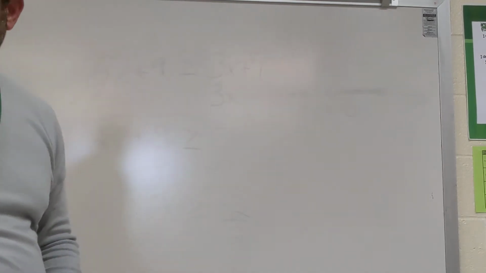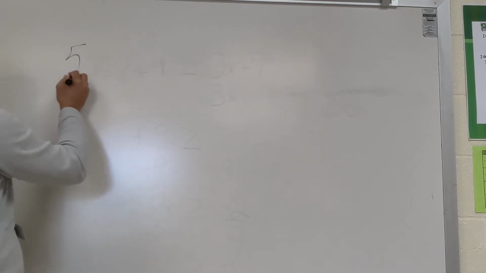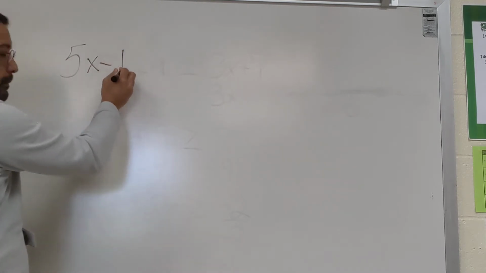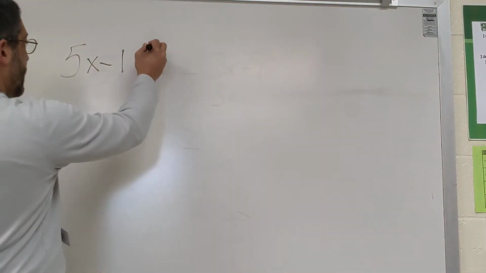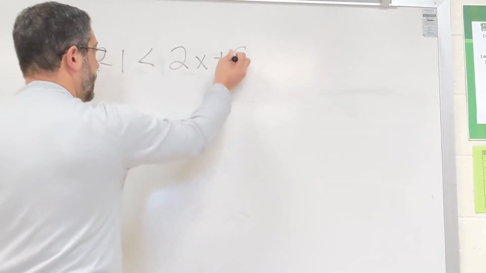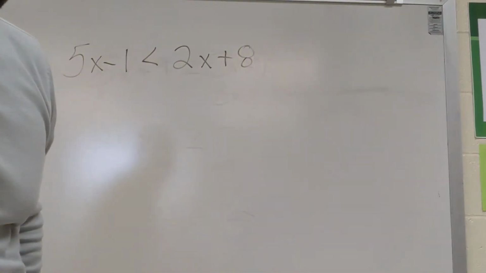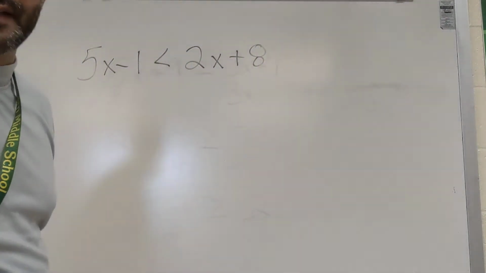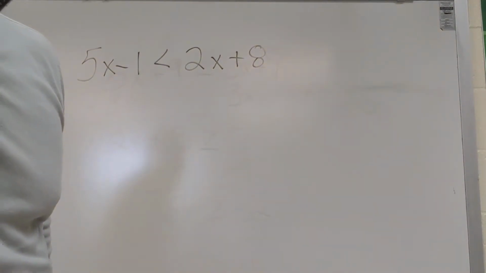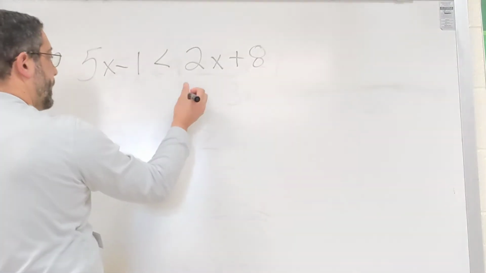All right, so my second one is going to be 5x minus 1 is less than 2x plus 8. All right, so I do the same thing, move my 2x over here.